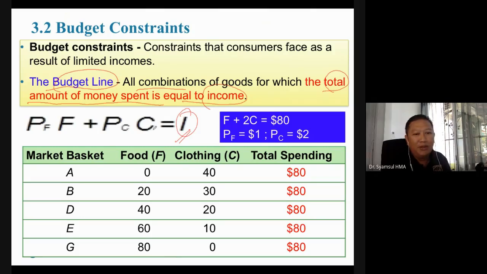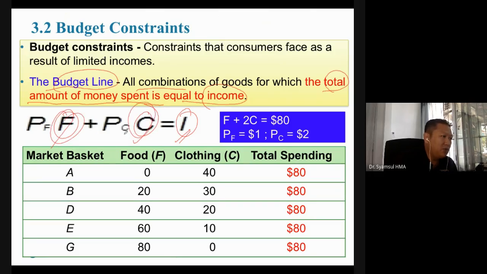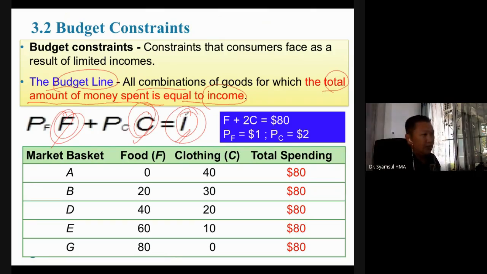It can't be only food and clothes. You need a car, you need movies, you need your fries. But in this example, we have food and clothes, and you spend everything of your income on these 2 goods, right?